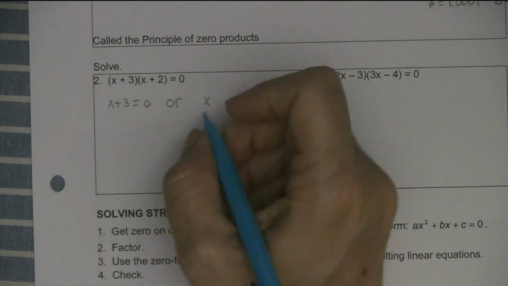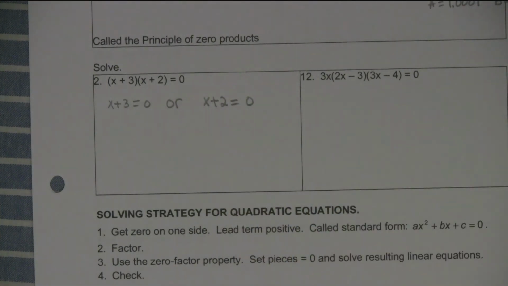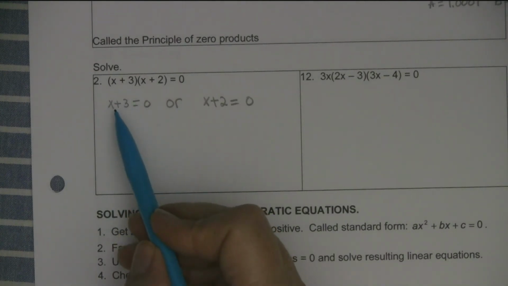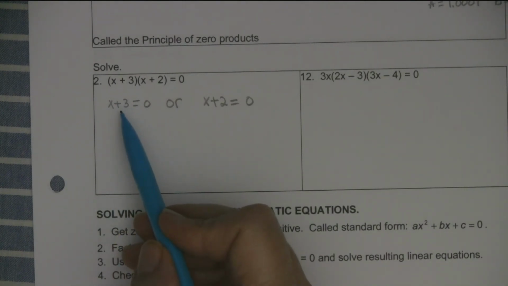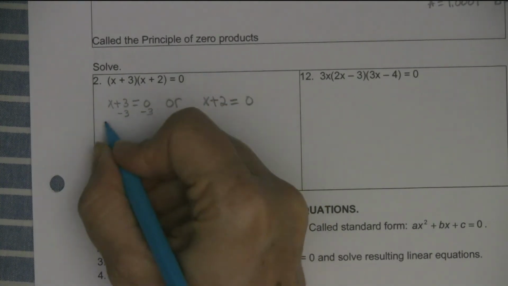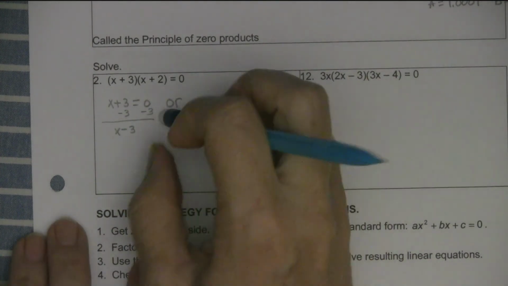This piece equals 0, or this piece equals 0. And then that allows me to pull it apart into two things I already know how to solve, by using the zero property. You take away 3 from both sides of the equation. I solved these in chapter 1, right? And this gives me x equals negative 3.